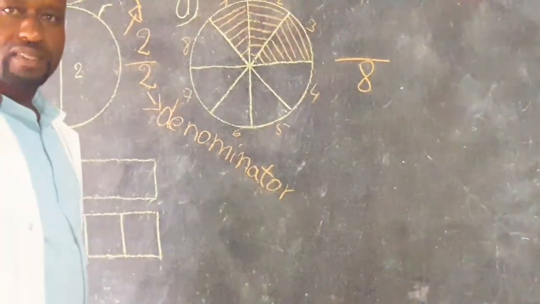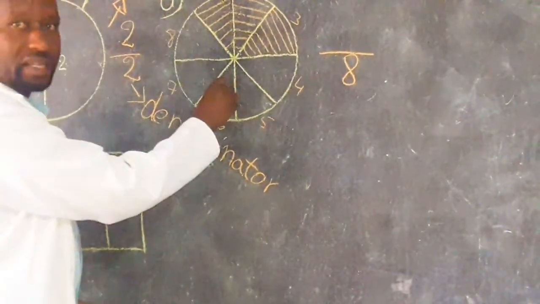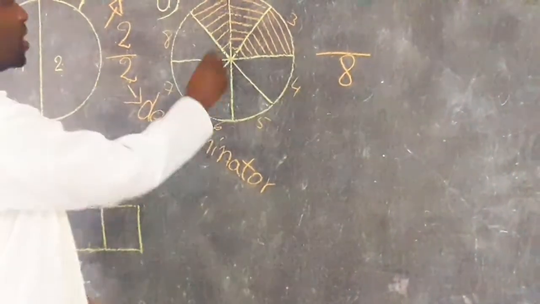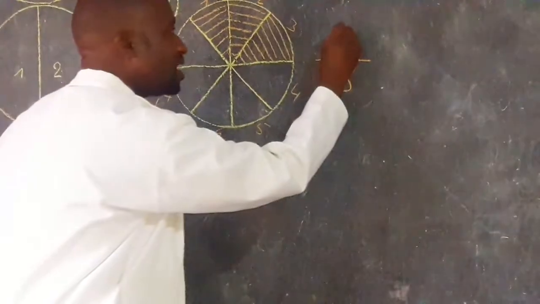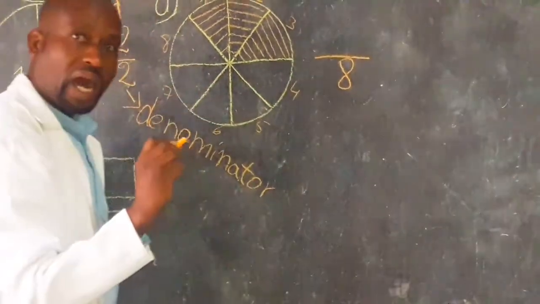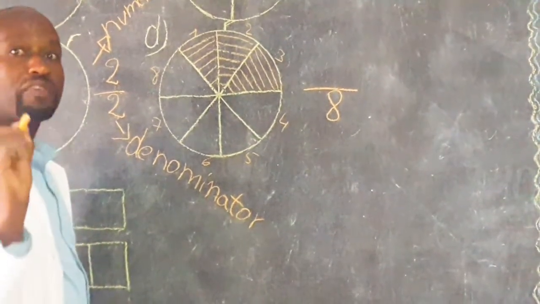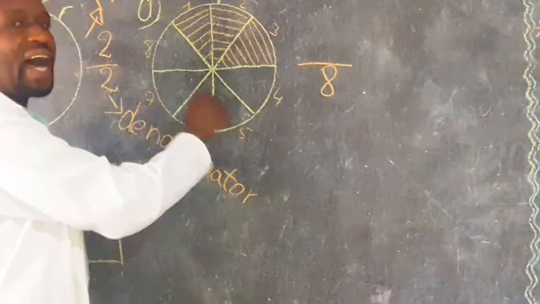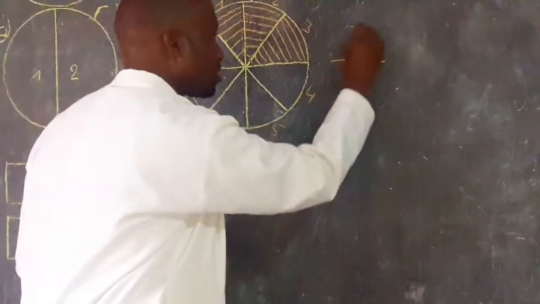How many parts am I taking in these 8 parts? I'm taking 3 parts. 3 is the number of parts taken among the available parts. The available part is 8, and I take 3 parts.